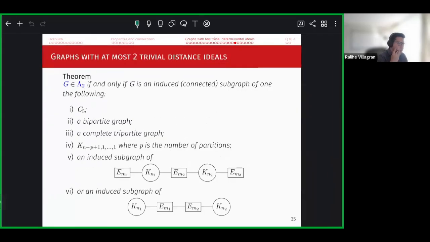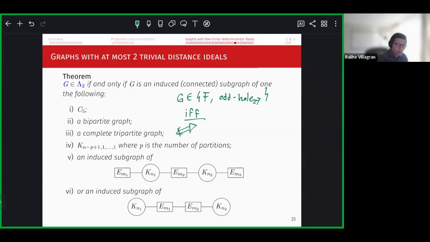And we arrived at the fact that G is free of all of those graphs and free of cycles of odd length greater or equal than 7, if and only if it's one of these graphs.